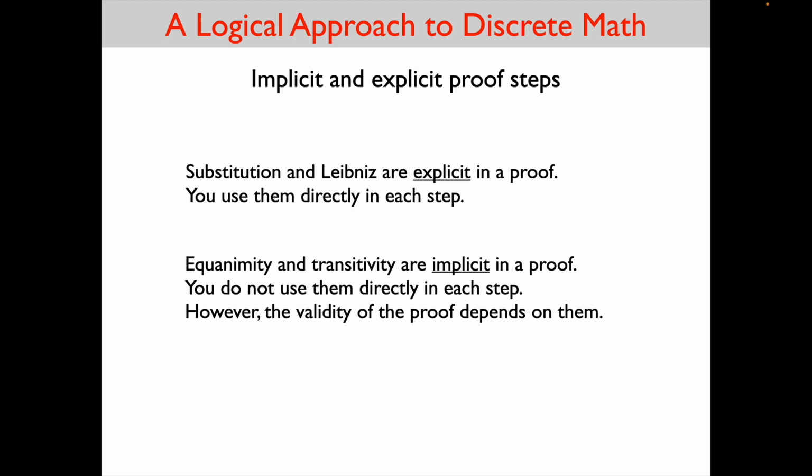Now the other 2 inference rules, equanimity and transitivity, are implicit in a proof. In other words, you don't use them directly, but on the other hand, the validity of the proof depends on both equanimity and transitivity, and I want to show you why that is, and where they come into play in a logic proof.